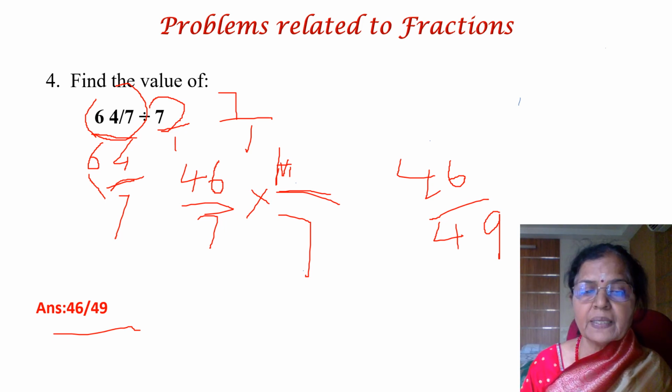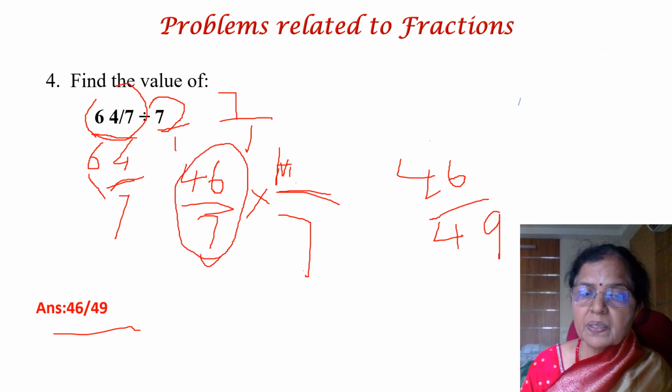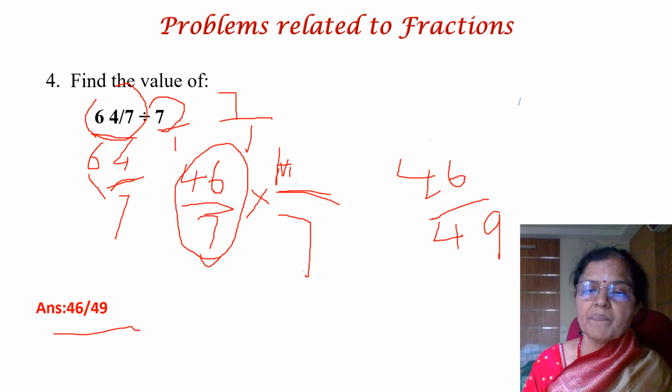That is how you get this 46 divided by 7. You should know how you got this. Then divided by 7, the reciprocal of this is 1 by 7. Then you get 46 by 49. Alright.